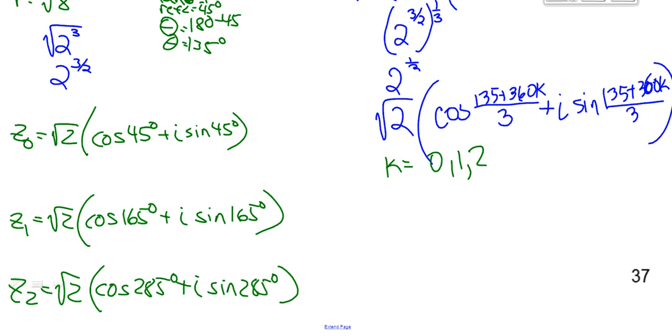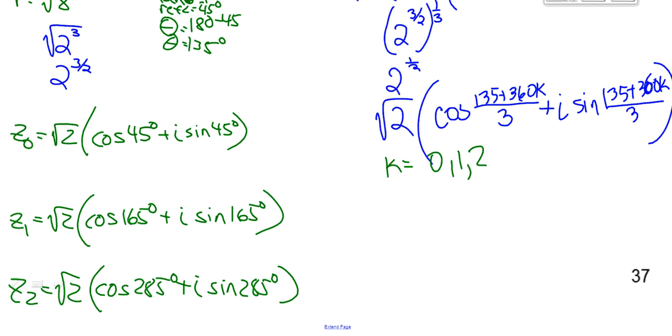It's going to be 15 as a reference angle. So when that happens, if it's on our table as a reference angle, we're going to use the table. But if it's not on the table, we have a calculator in front of us, we're going to get it as a decimal approximation. So I do need a little calculator support.